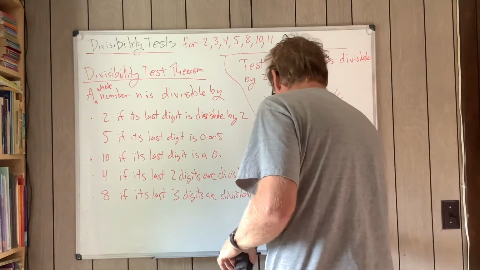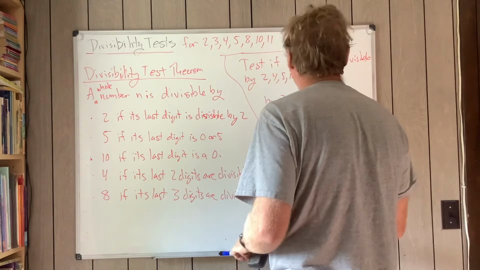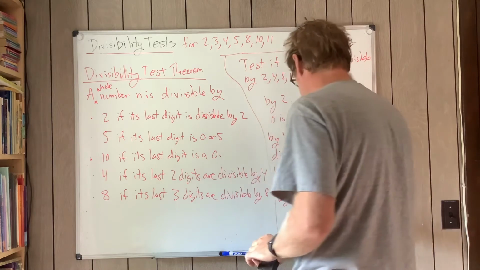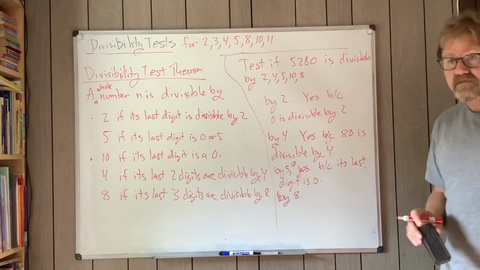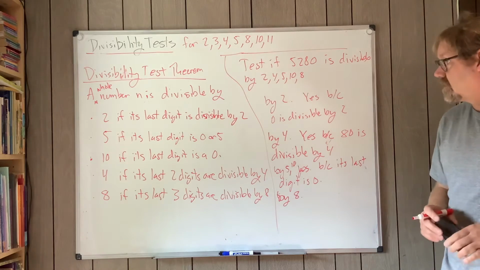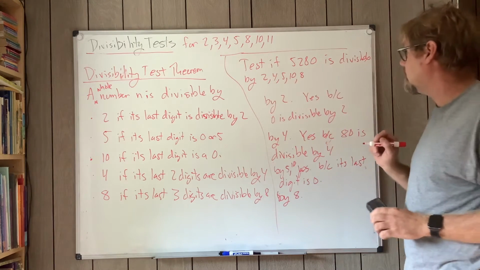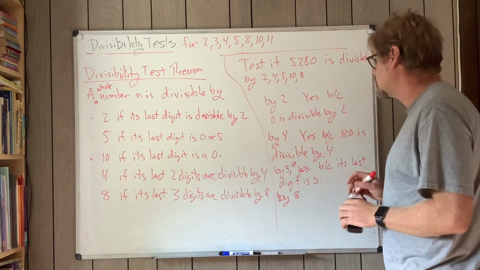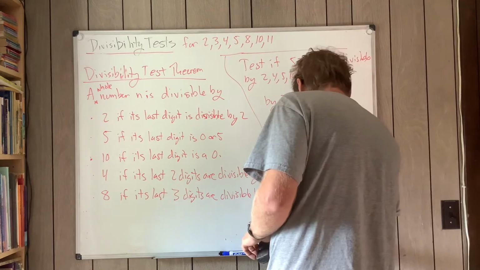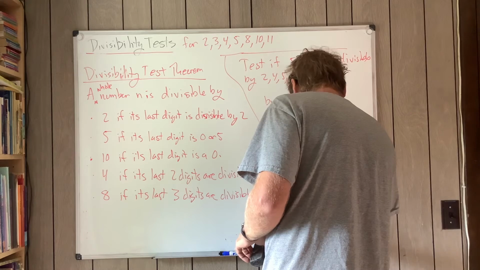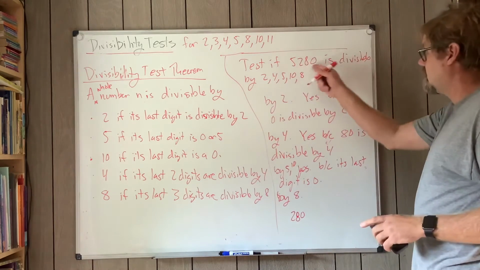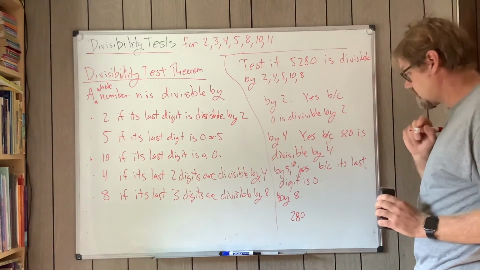And then by 8. This is the last little tricky part here. Are the last 3 digits divisible by 8? One of the things we'll start looking at is doing some mental math to handle some of this.